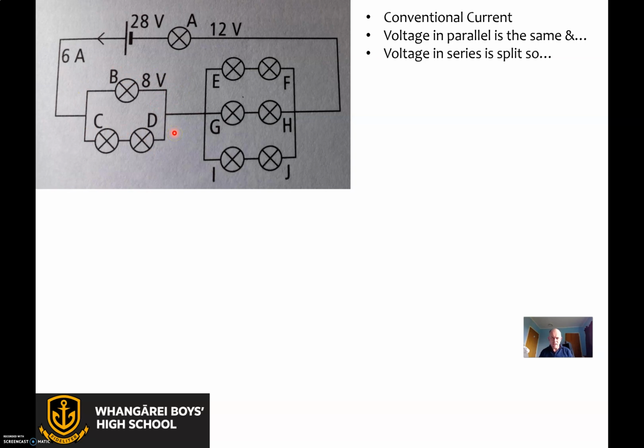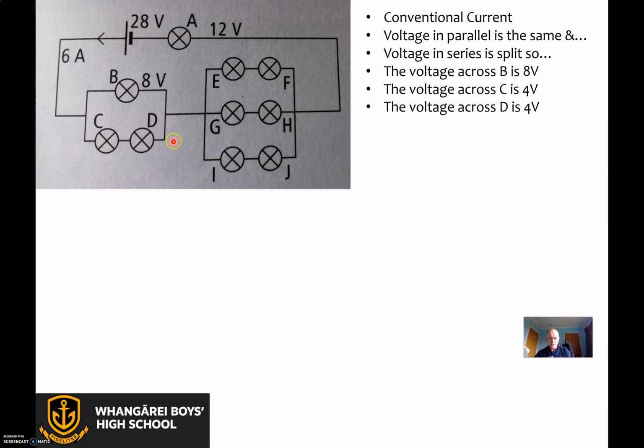And the voltage in series is split, so the voltage across B is 8 volts. So therefore, the voltage across C and D is going to be 8 volts. But because they're in series, it'll be 4 volts each. So we've got a total of 4 volts there plus 4 volts there makes 8 volts in series, because there's 8 volts in parallel with them, which is kind of useful.